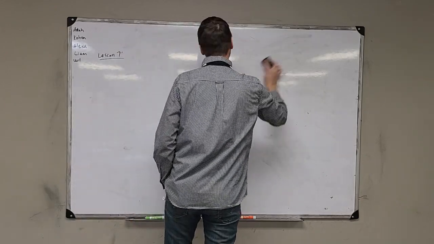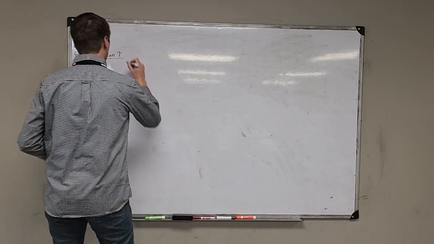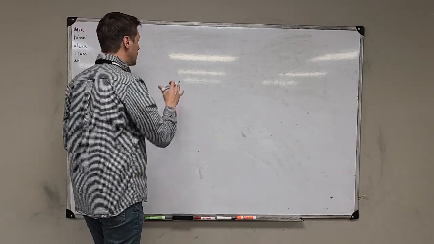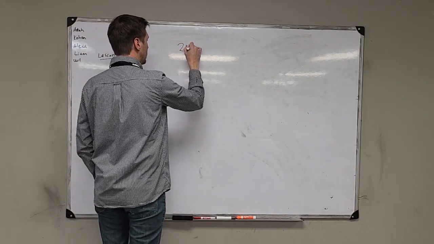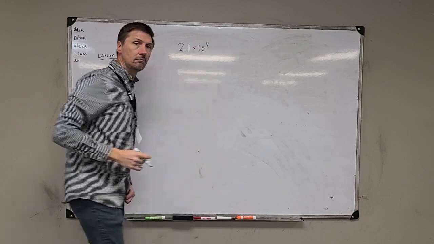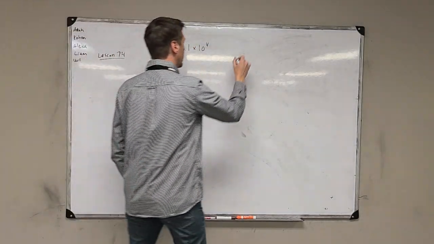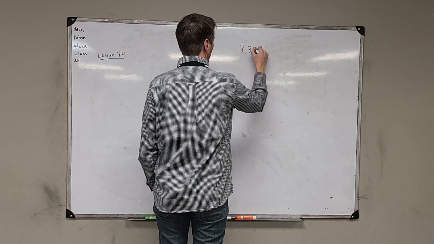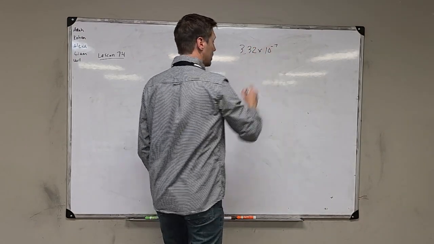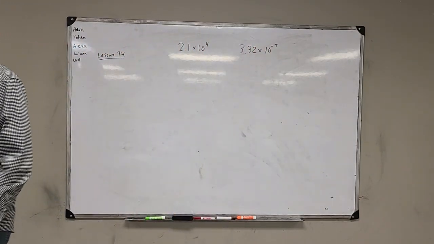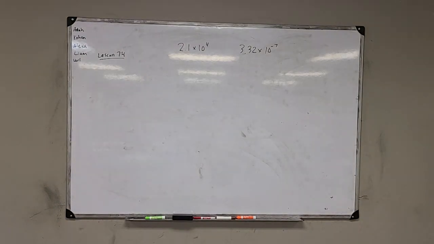All right. So you guys will have some sample problems to practice this. A number in scientific notation looks like that, right? Or it could look like that. The exponent on the 10 could be a positive or a negative number.